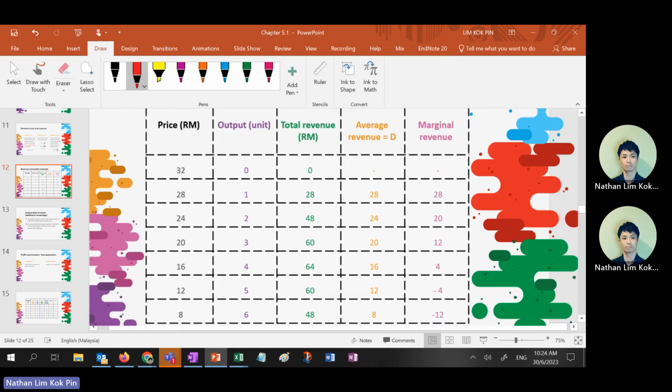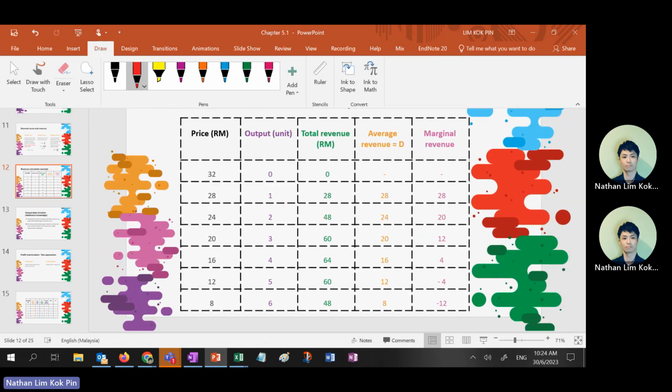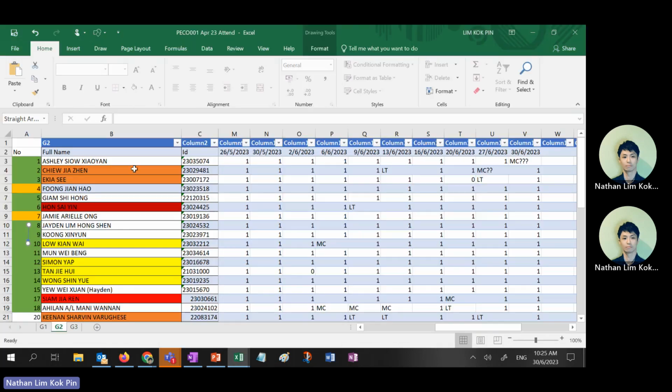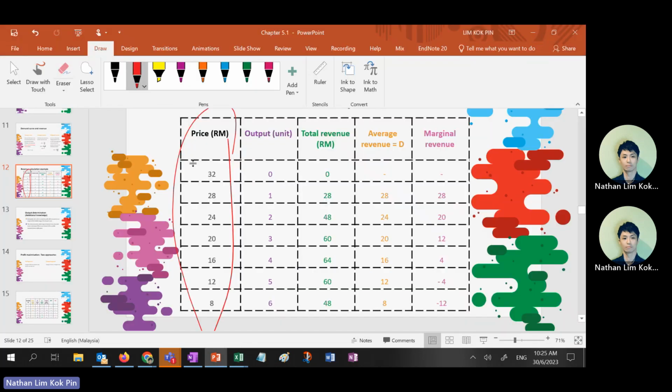Now this is the revenue curve, right? What's the difference between this and perfect competition? Can you tell me? What's the difference between this curve, this price, and the perfect competition price?